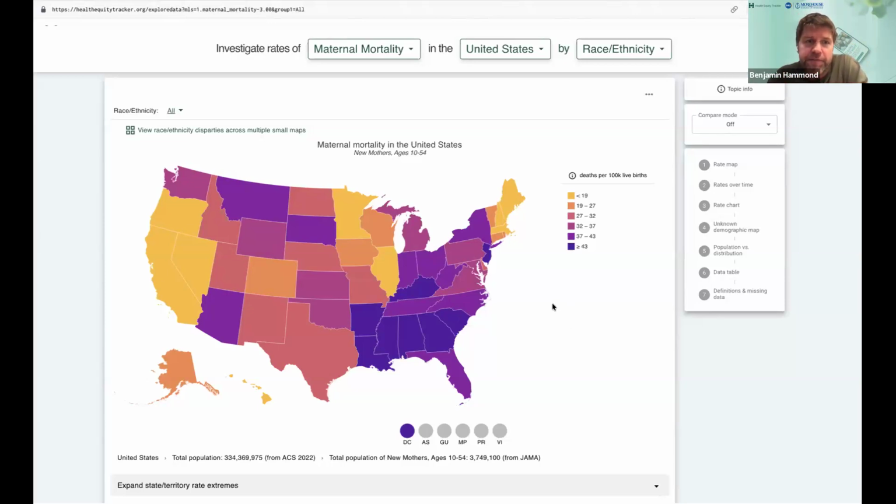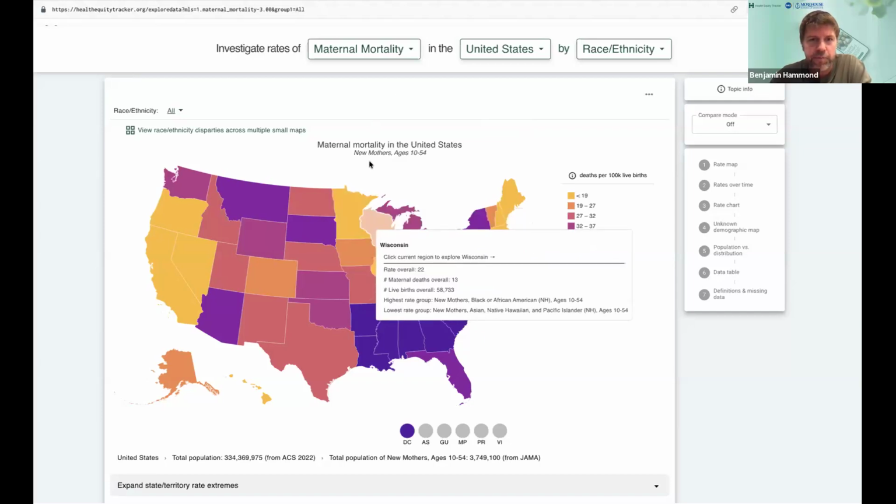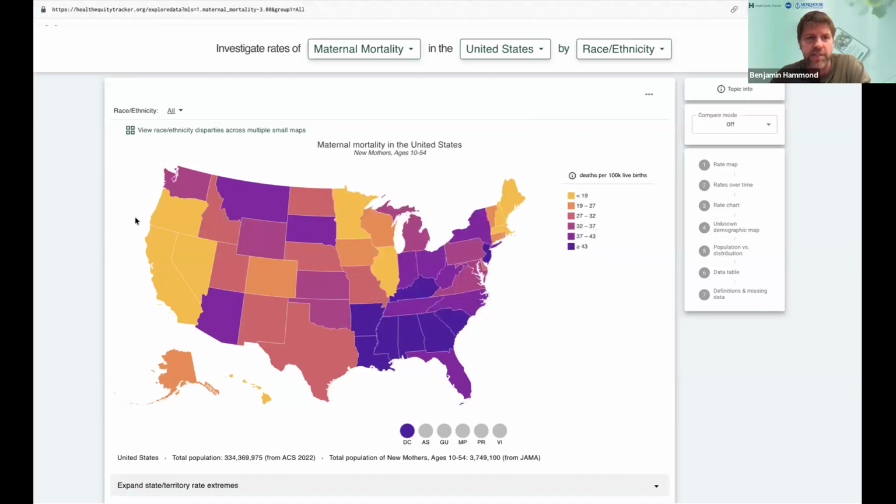So you can see here right off the bat the states that are doing relatively better in terms of new mothers dying in childbirth. That would be New England, the central Midwest, the Lake states, and the West Coast states. And then it's pretty clear the opposite.